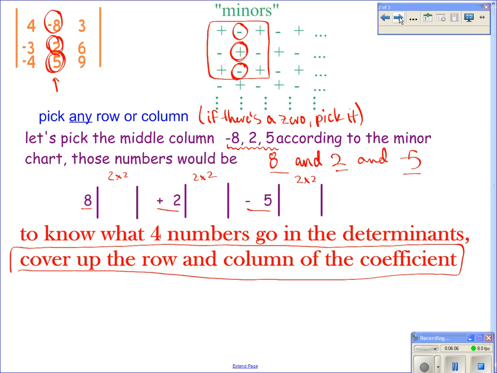We have to first get the 2 by 2 matrices, and then we're going to multiply diagonally with those arrows. So looking at this 8 right here, if we covered up everything in the row and in the column, what 4 numbers are left? Those are the 4 numbers you write in the determinant in the same order, so we don't want to rearrange them in any way. All right.